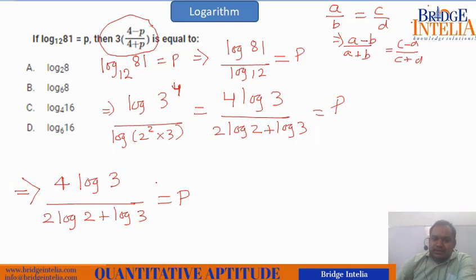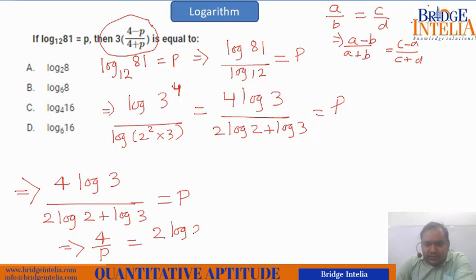So now from here we can say that 4 by p is equal to 2 times of log 2 plus log 3 whole divided by log 3. So this can further be written as 2 times log 2 by log 3 plus 1.